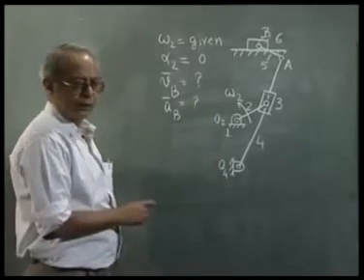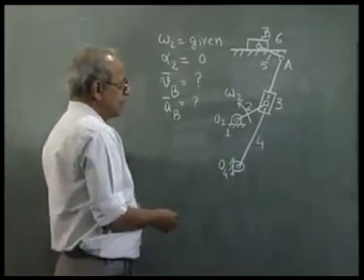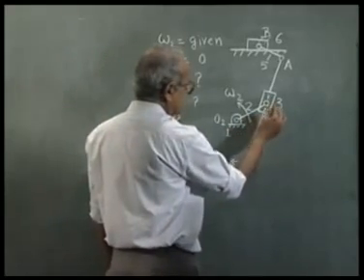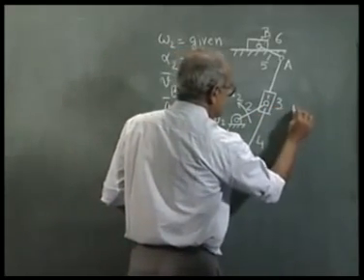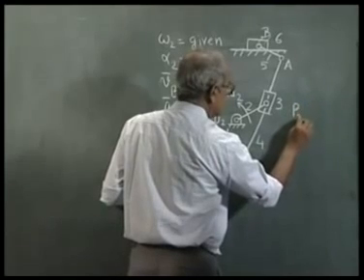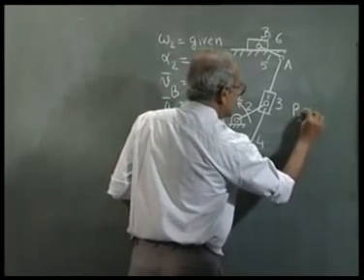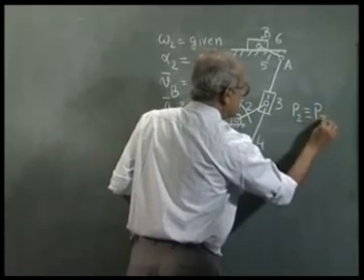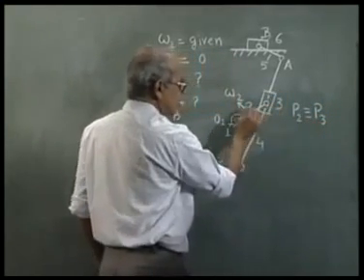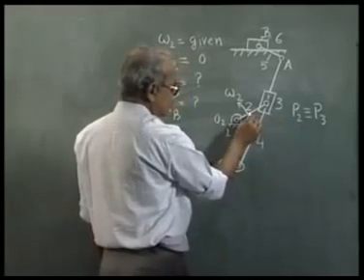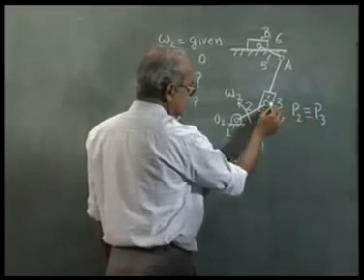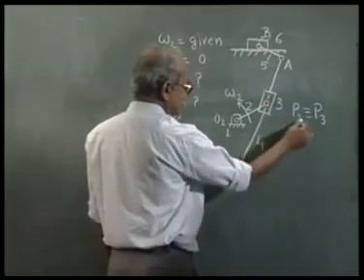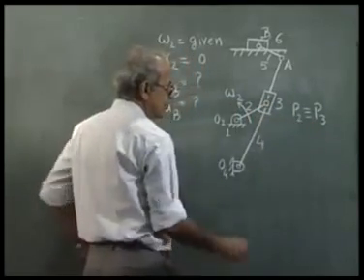To solve this problem, let me first identify 3 coincident points at this block center. P2 that belongs to link 2, which always remains coincident with point P3, which belongs to the block. P2 belongs to link 2, P3 belongs to link 3, but they always remain coincident, so I can write them to be the same point.